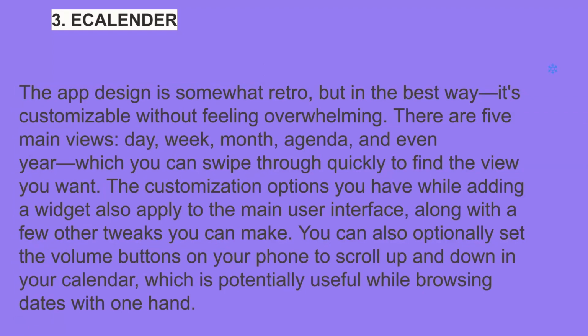The customization options you have while adding a widget also apply to the main user interface, along with a few other tweaks you can make. You can also optionally set the volume buttons on your phone to scroll up and down in your calendar, which is potentially useful while browsing dates with one hand.